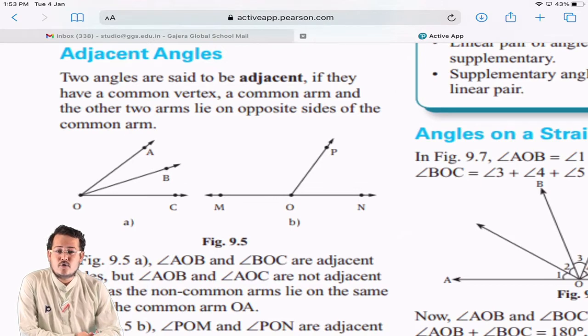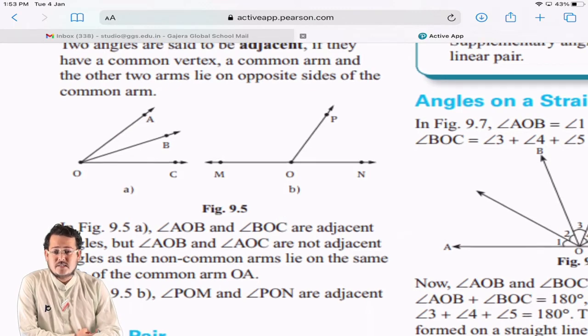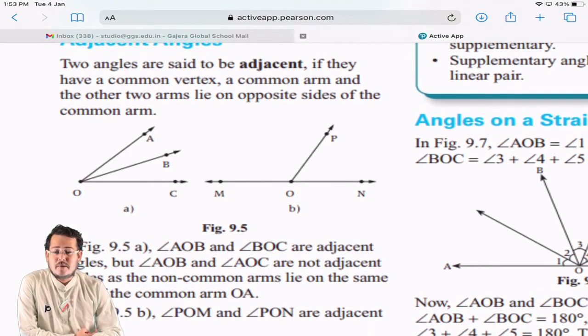Two angles are said to be adjacent if they have a common vertex and a common arm. As you can see in figure A, and we have seen in complementary as well as supplementary also, the arm which is common between both the angles, so they can be said to be adjacent, as we discussed in the complementary angle.